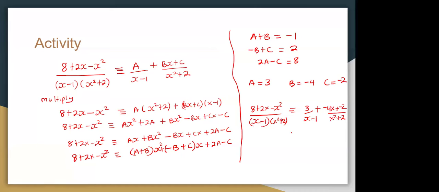Can you then write it better? That is 3 over x minus 1 minus 4x minus 2 over x squared plus 2. Beautify it more.